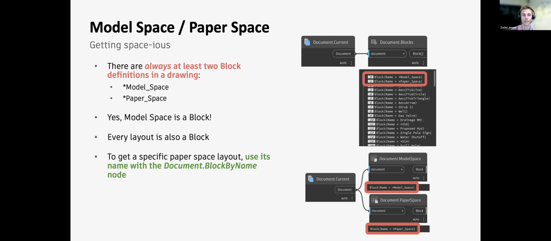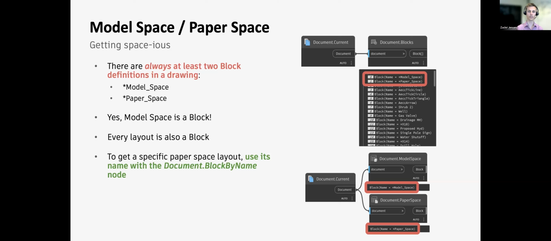So what you'll see immediately in Dynamo, one of the real bread and butter nodes, is this Document.Blocks node that you see up there in the top right. That just lists all the block definitions that are in your drawing. And you'll notice that the first two are always the same. They're always *Model_Space and *Paper_Space. And if you have multiple layouts, you'll have more that say paper space with numbers after them.